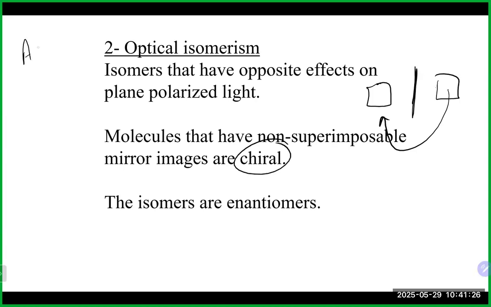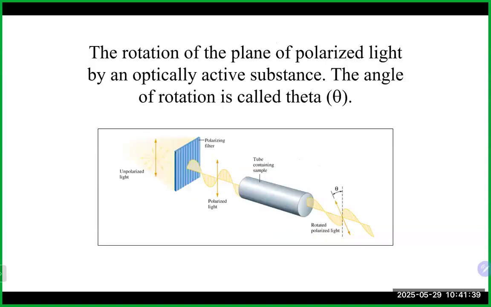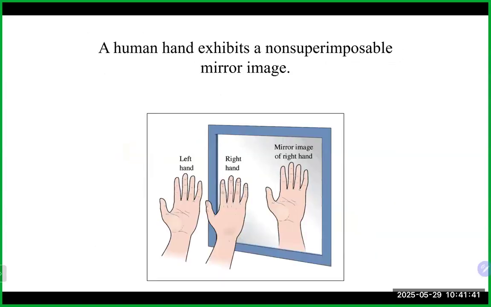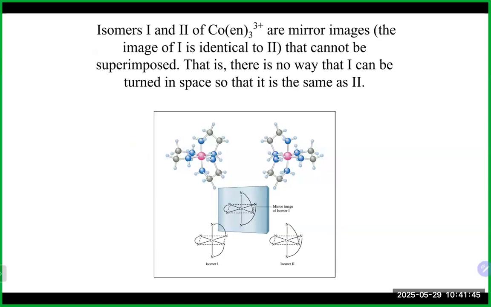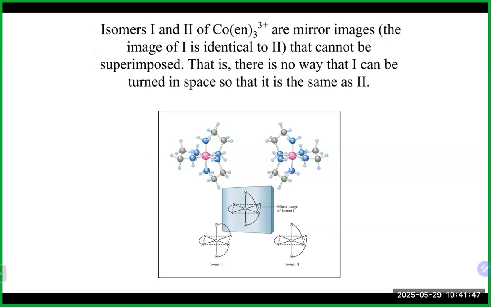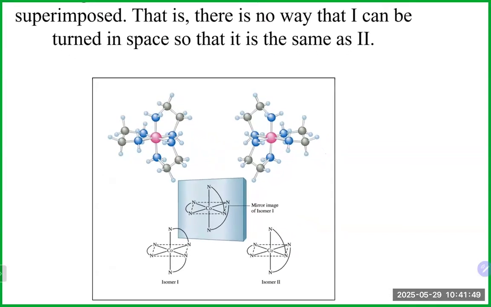Being achiral means that you have a mirror image that you could take out, rotate, and it will fit perfectly on it. You could actually measure the angle of reflection there. So for example, if we look at this here, isomer 1 and isomer 2 are mirror images that cannot be superimposed.